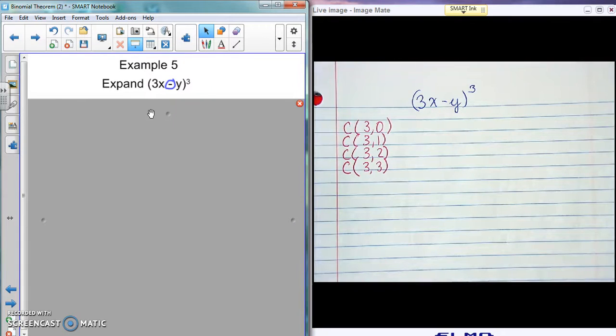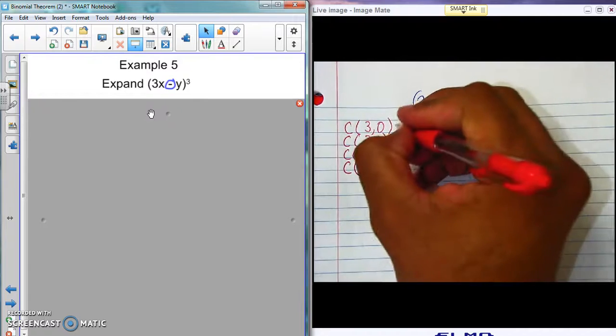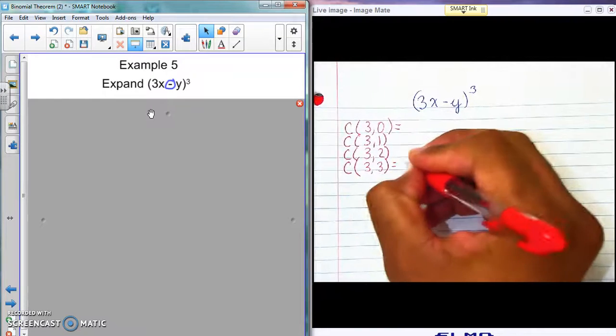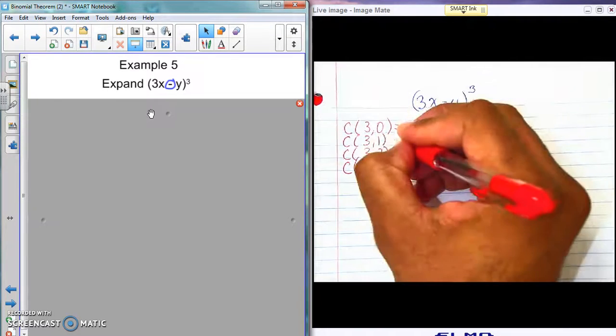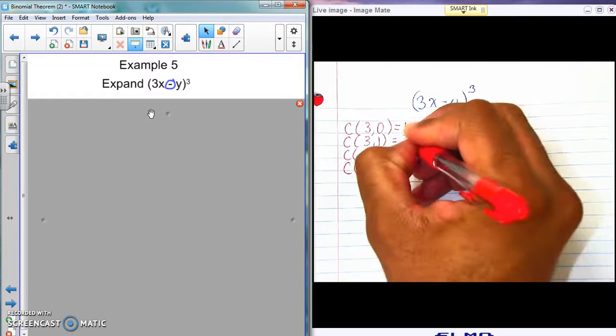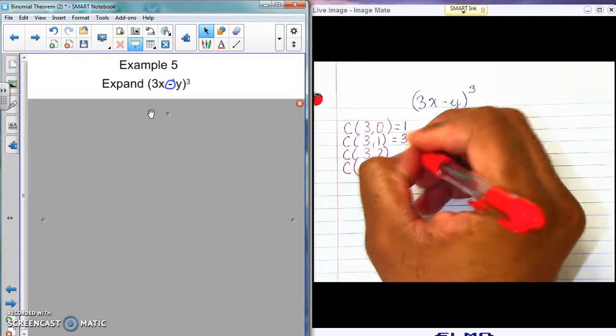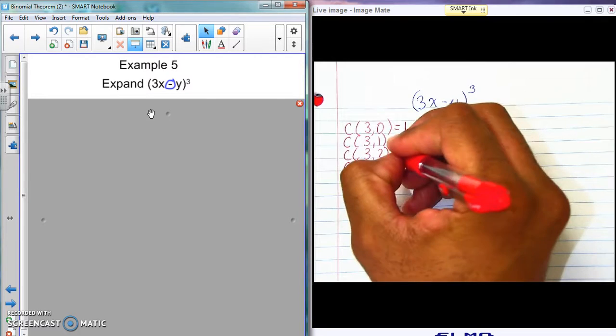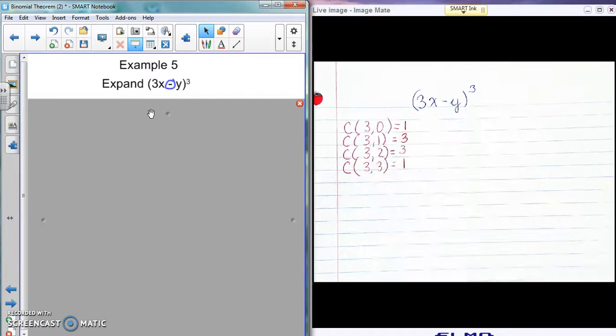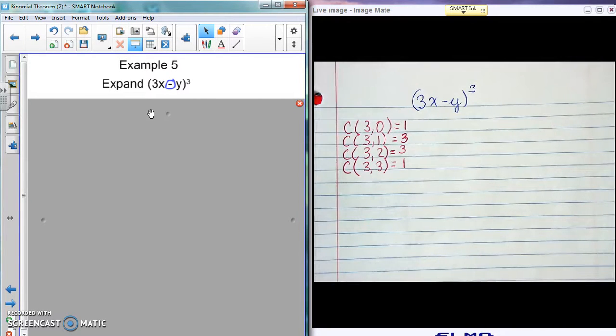Okay, again, in the calculator, when you put it in, we know the first one and the last one are 1s. We know this one is 3. And actually, you're going to realize this one is also 3, because it doesn't double back on itself. There's nothing else that can make it double back on itself. So it's 1, 3, 3, 1. And you didn't even have to do Pascal's triangle. You didn't have to do any work on that.